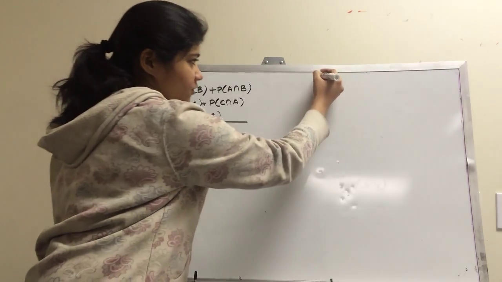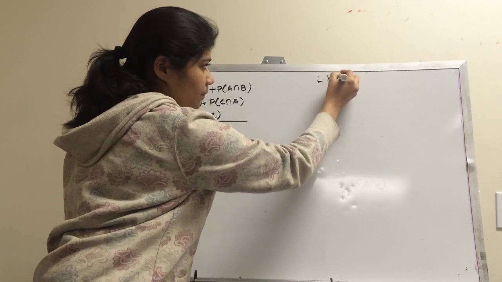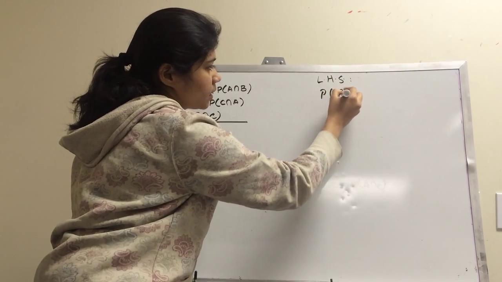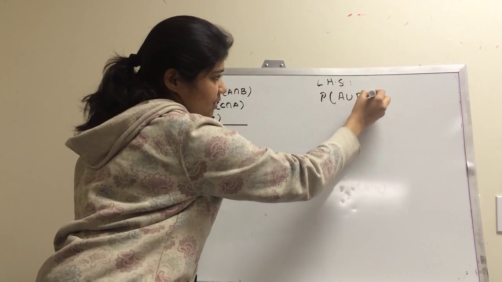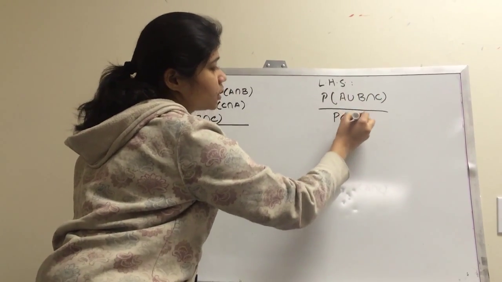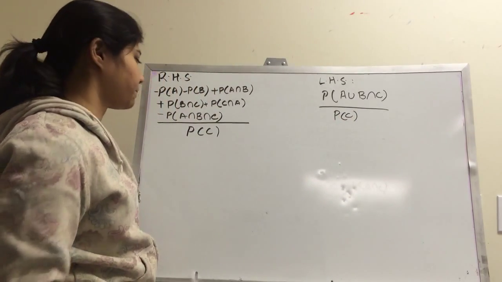And on solving my left hand side, I'm getting probability of A union B intersection C upon probability of C using conditional probability.